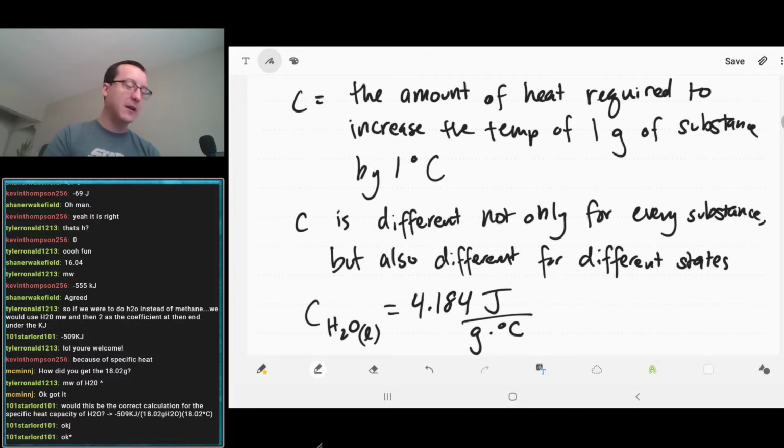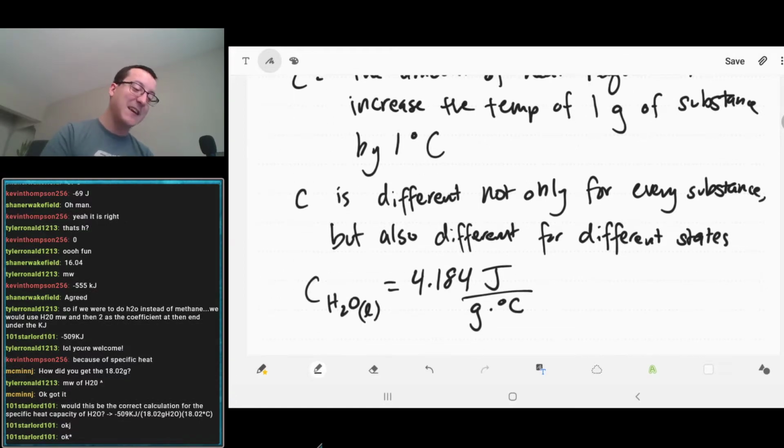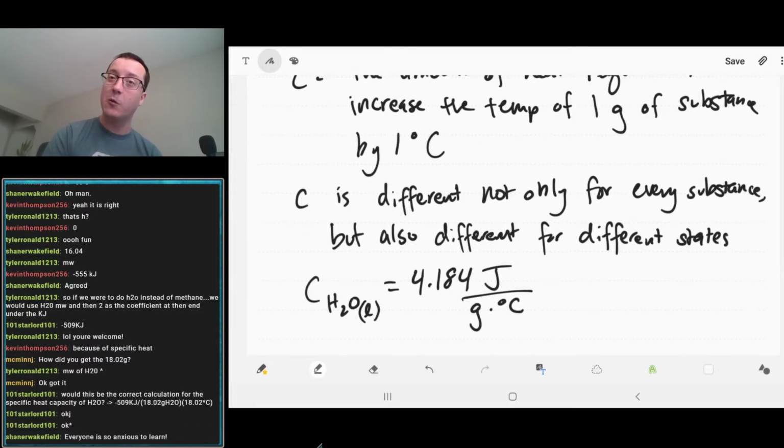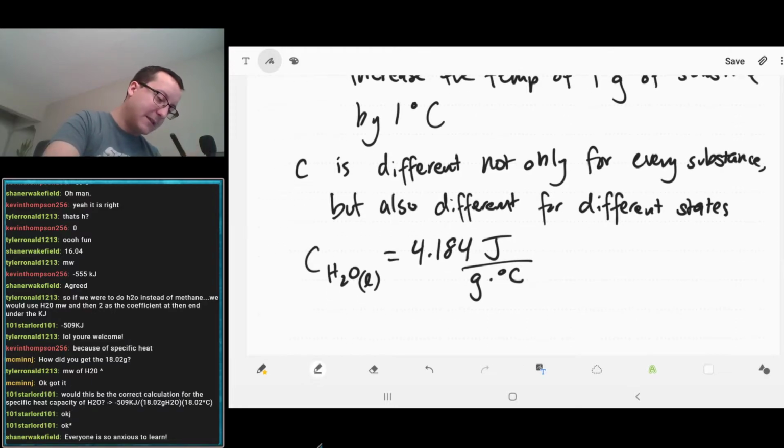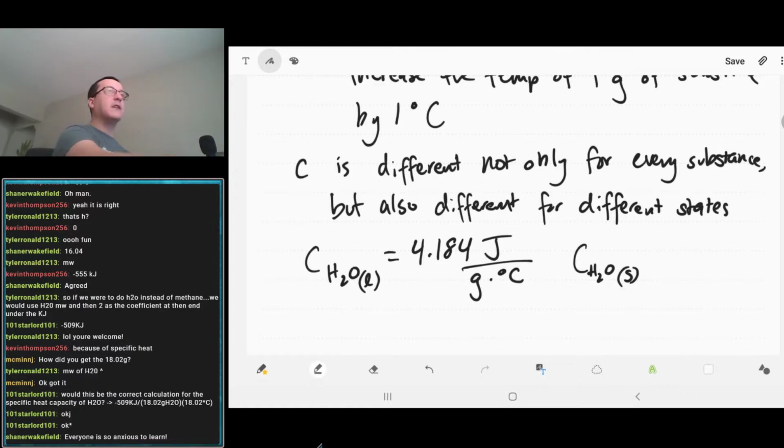This would be, for example, the specific heat capacity for liquid water. We're going to see for ice, actually I would have to look this up. Let's see, specific heat capacity of ice.